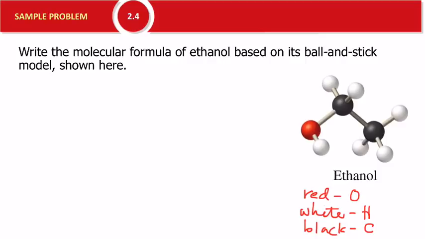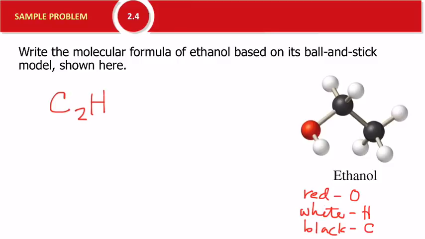Well, which one do you want to start with? Black. Okay, so black is carbon. So there's 2 carbon balls there, 2 black balls, right? That means there's 2 carbon atoms. And so I'm going to write the element symbol for carbon, followed by the subscript 2, because there's 2 of them. How about hydrogen next?